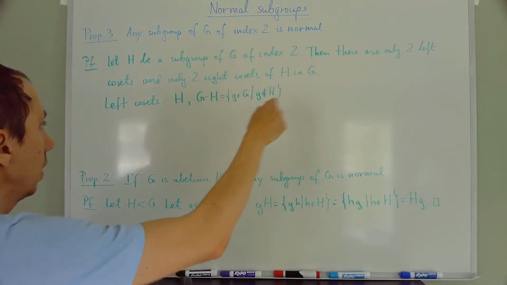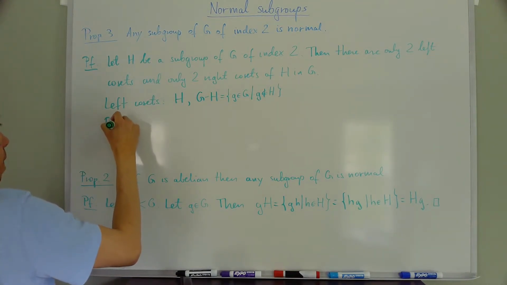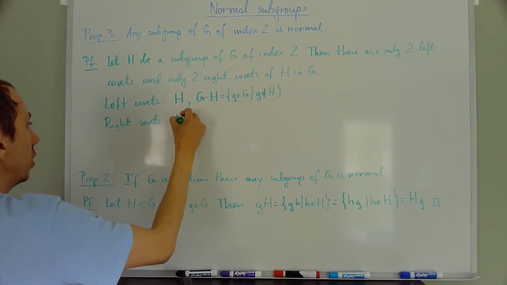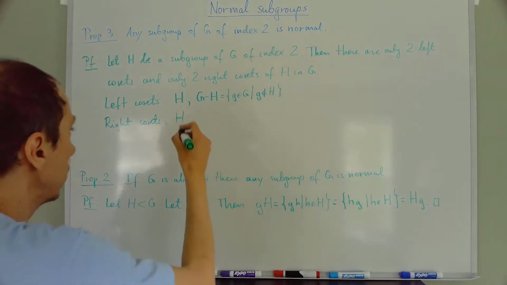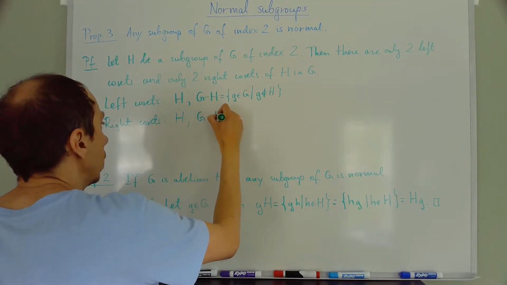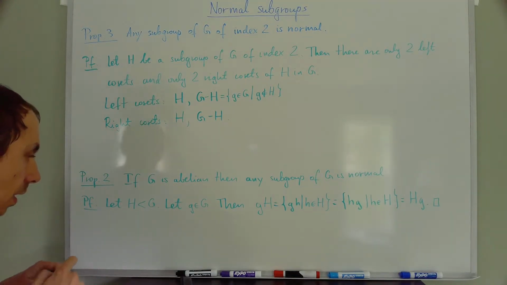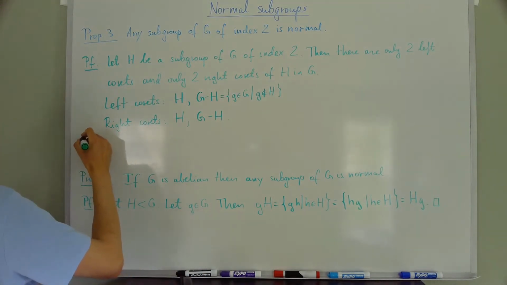So that is the other left coset. What about right cosets? Again, one right coset is always the same, H. And because there's only one more, it must be the same as this one. So the left cosets and the right cosets are these 2. Now let's prove that the subgroup is normal. Let g be in G.